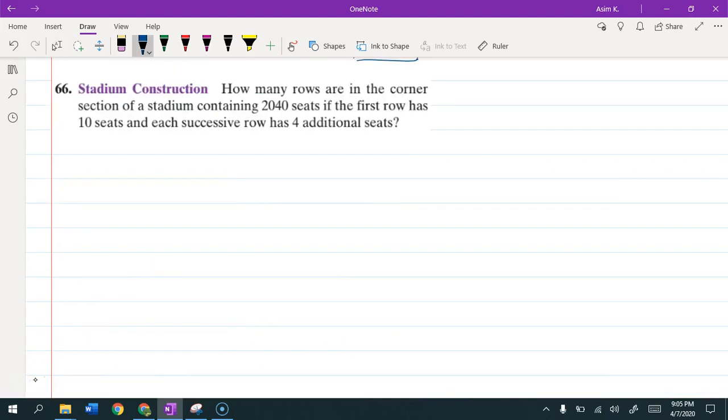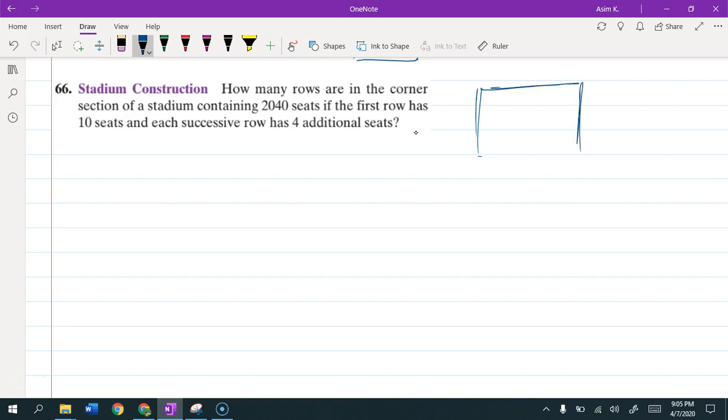And the last question that we're going to do is an application question for sums. So it says, how many rows are in the corner section of a stadium containing 2,040 seats if the first row has 10 seats and each successive row has 4 additional seats? Okay, so basically a stadium section, it might be in a corner.